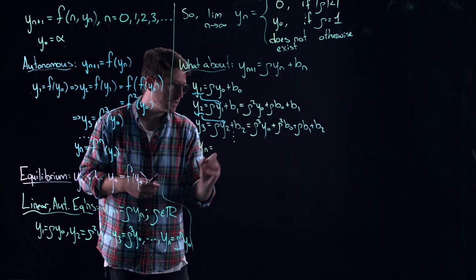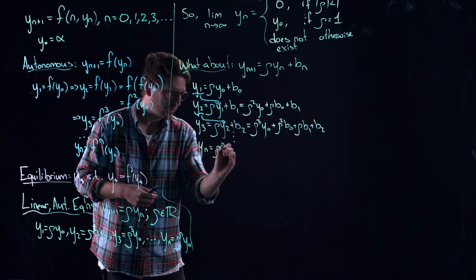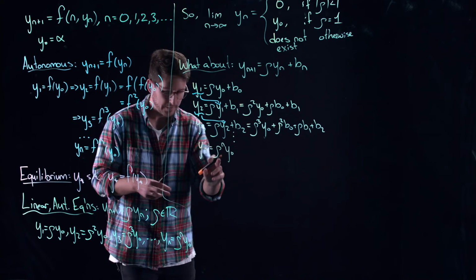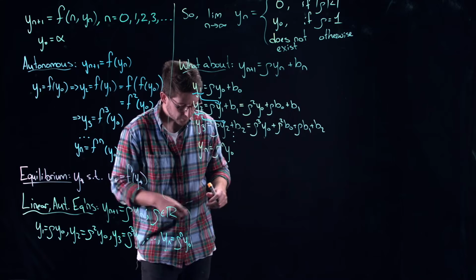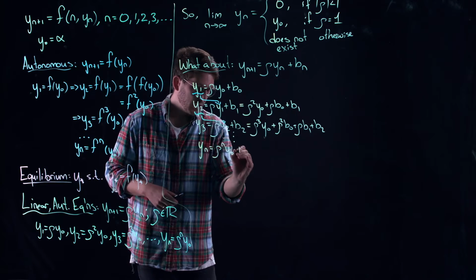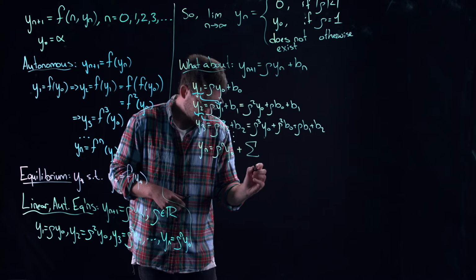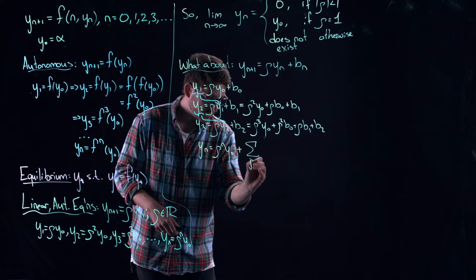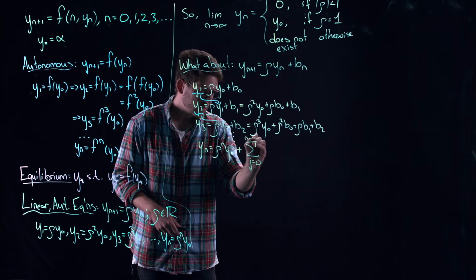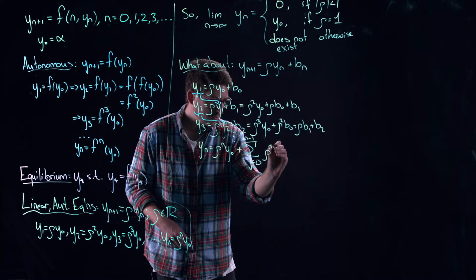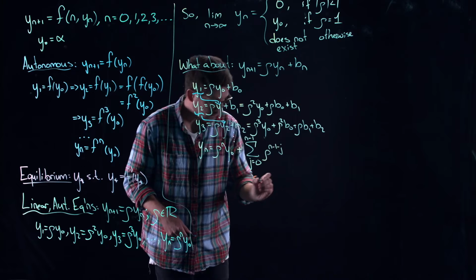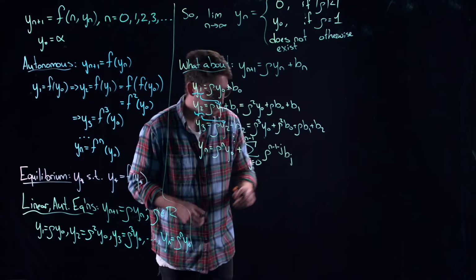And in fact, you can say that you get rho to the n y0. Again, that's the solution to the original sort of homogeneous part that didn't have the b_n on the end. Plus, now we've got a big sum. I'm going to use j equal to 0. This goes all the way up to n minus 1 of rho to the n minus 1 minus j times b_j.